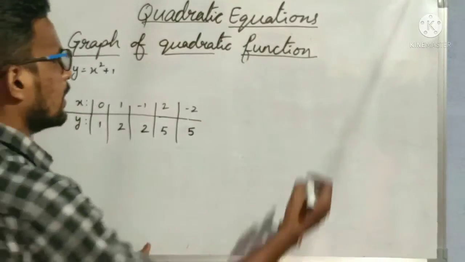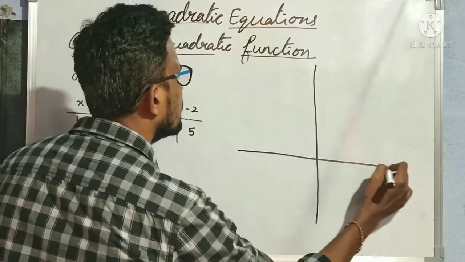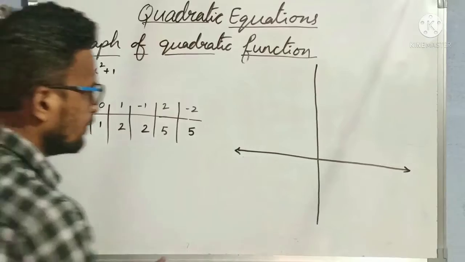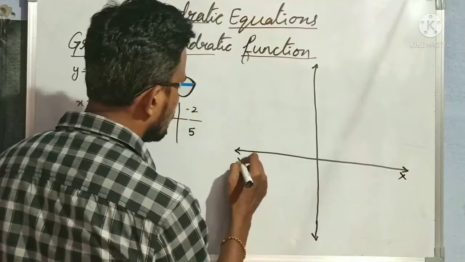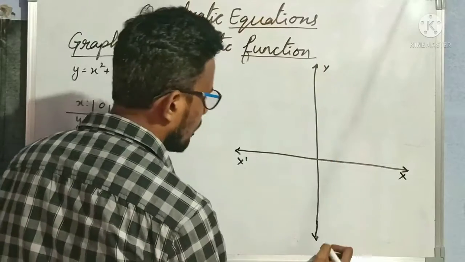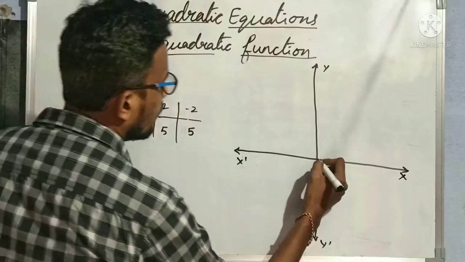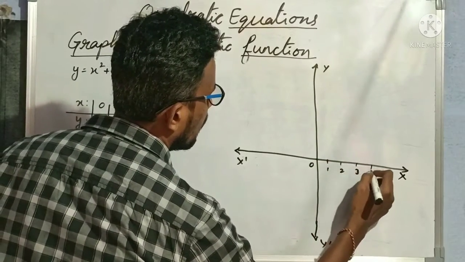Understood? So now let us draw the graph of y is equal to x square plus 1. Same as previous, take x axis and y axis. Okay? So now on the x coordinate, first write numbers 0 1 2 3 4 and so on.